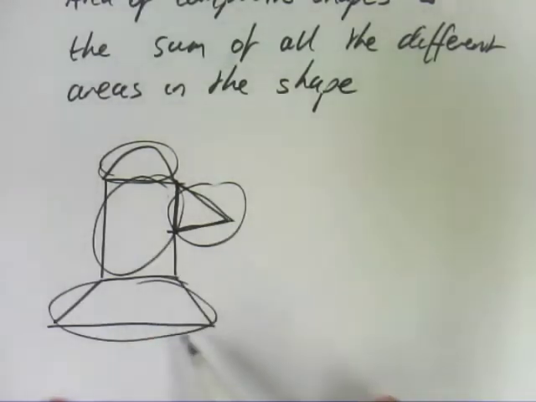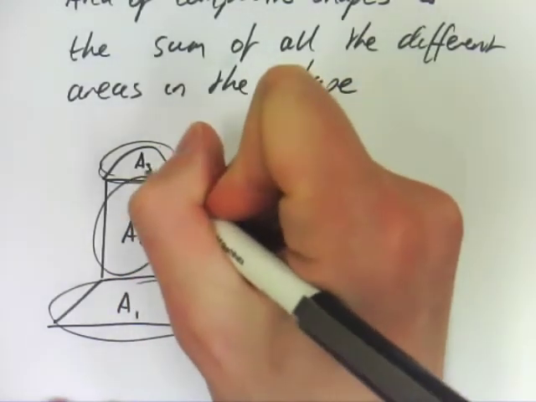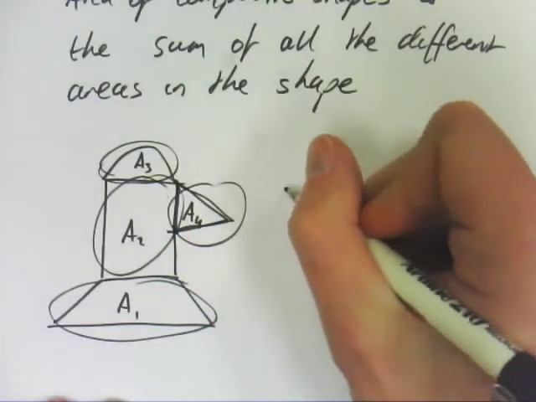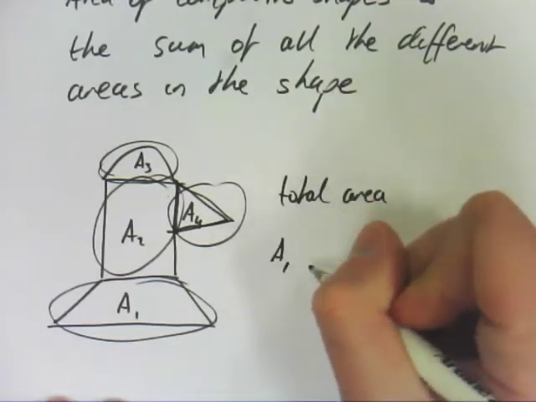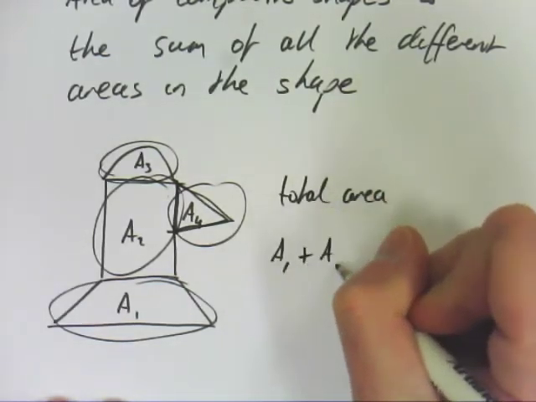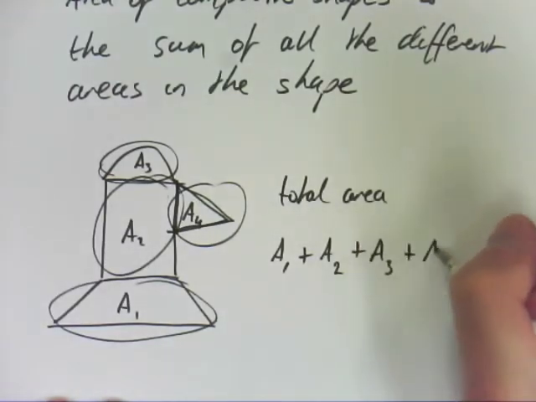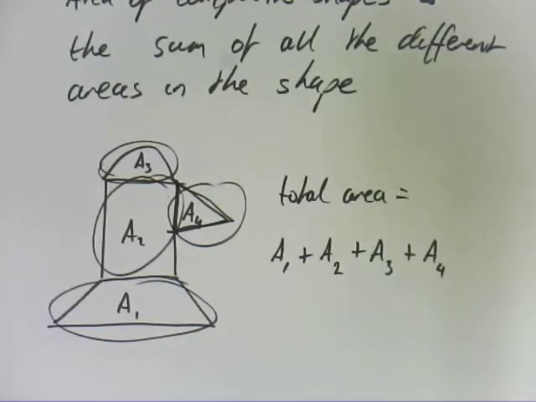So I can work out the area here, here, here, and here, and add them all together. So the total area is the area of the trapezium plus the area of the rectangle plus the area of the semicircle plus the area of the triangle.